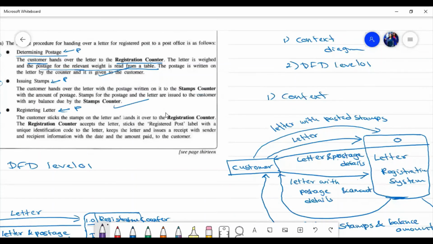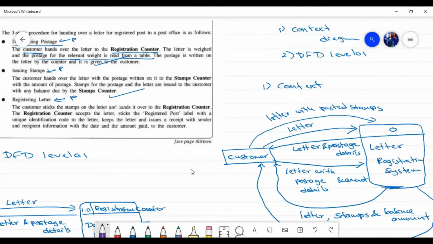If a customer is coming and asking, okay, I have posted a letter on this particular date, so still that letter has not been received by the receiver. Could you please check on that? If someone asks like that, we need to have some kind of a database, some kind of a file to see what are the posted letters. So definitely we need to have a file for that, right?